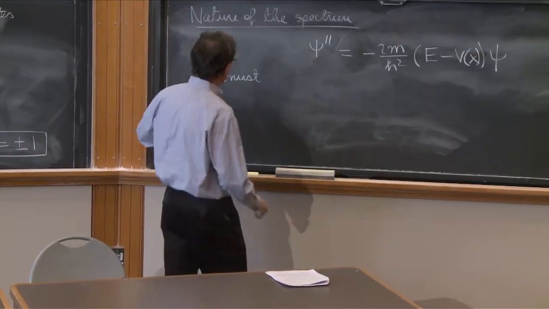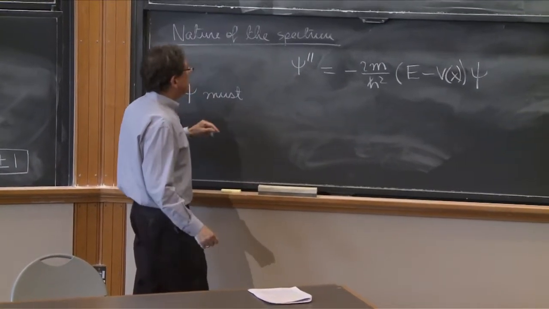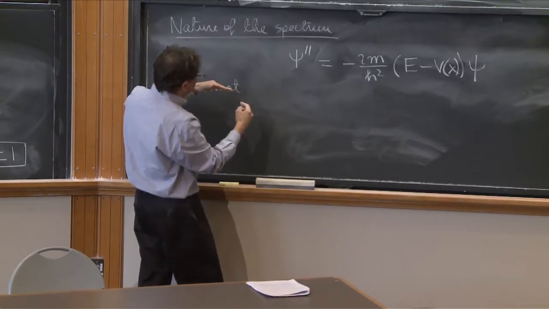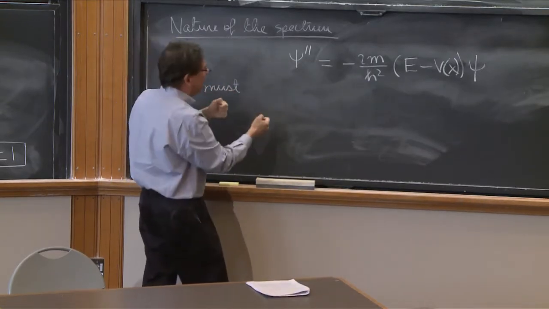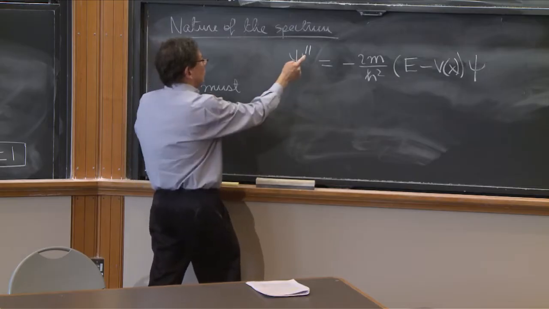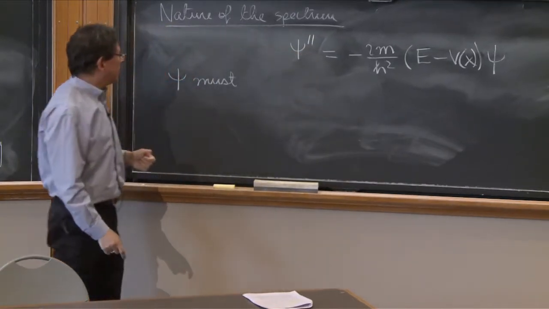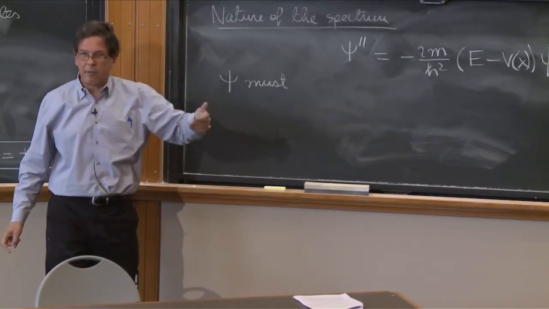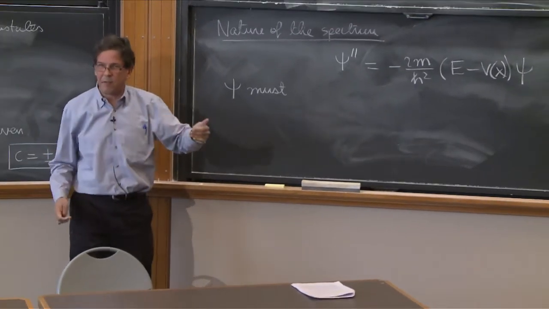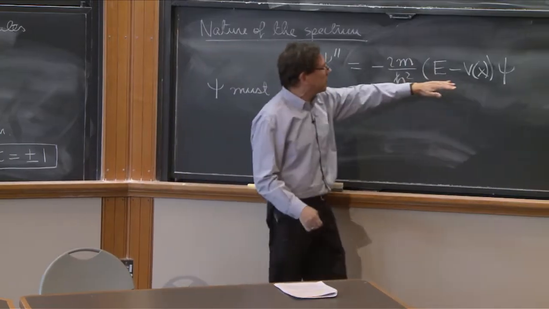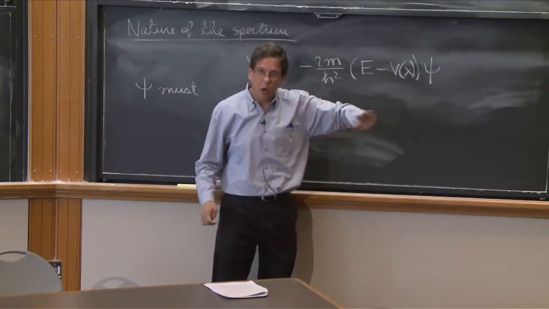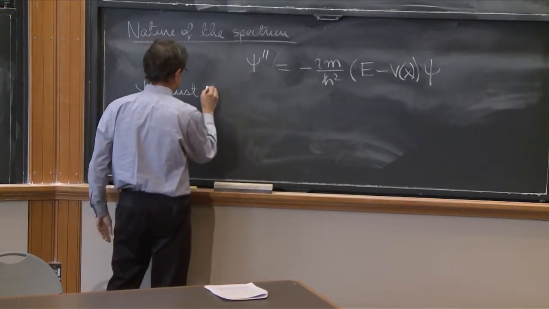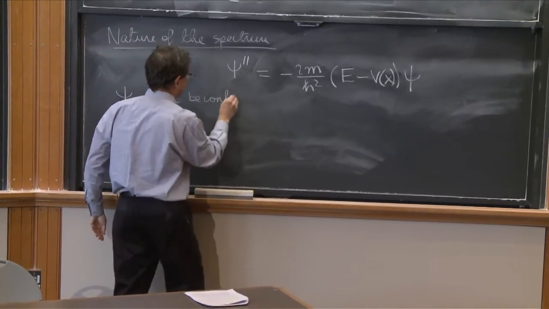If a function is continuous, the derivative might be discontinuous, and the second derivative would have a delta function. But if the function is not even continuous, the second derivative would have derivatives of delta functions. So somehow the potential would have to have that, and we don't want it. So to simplify our life, we say that psi must be continuous.